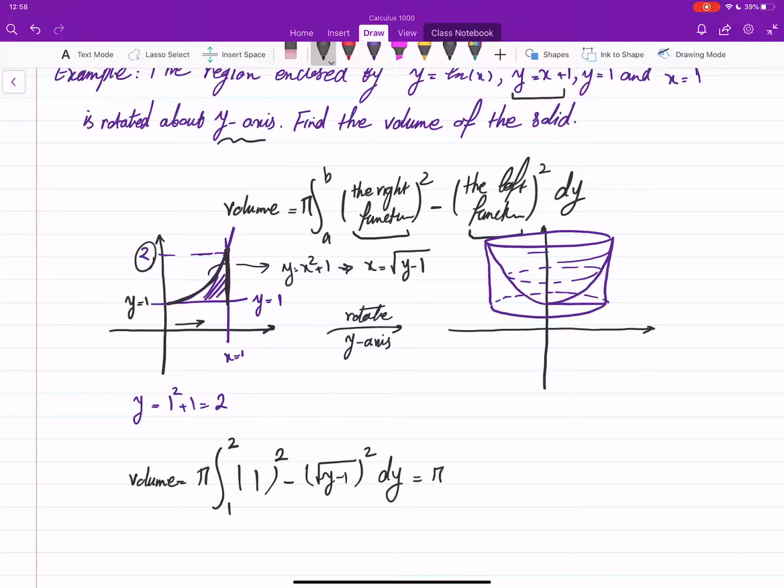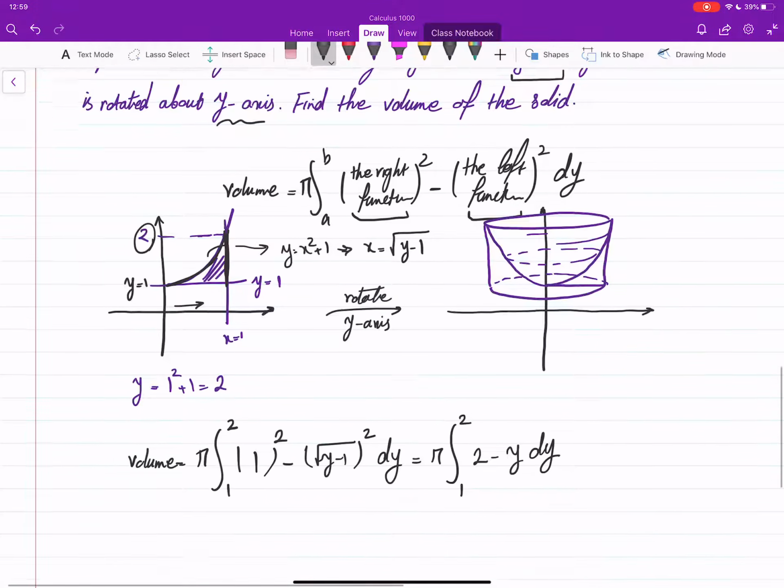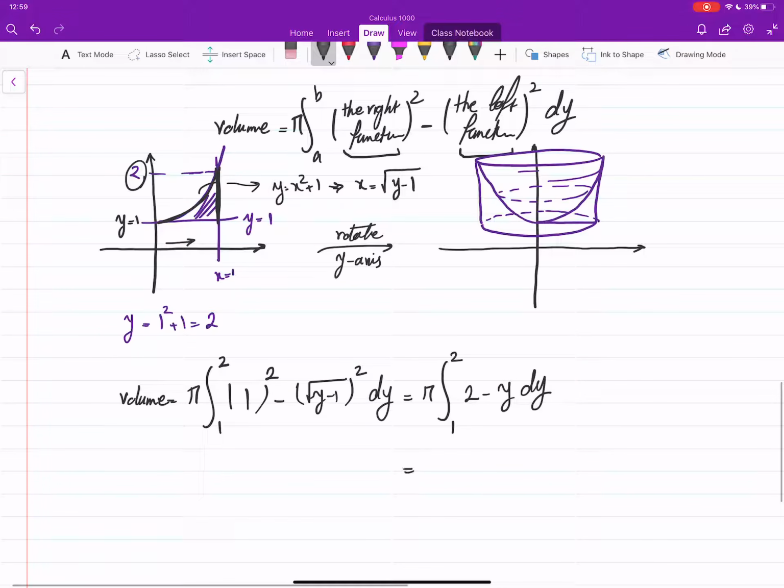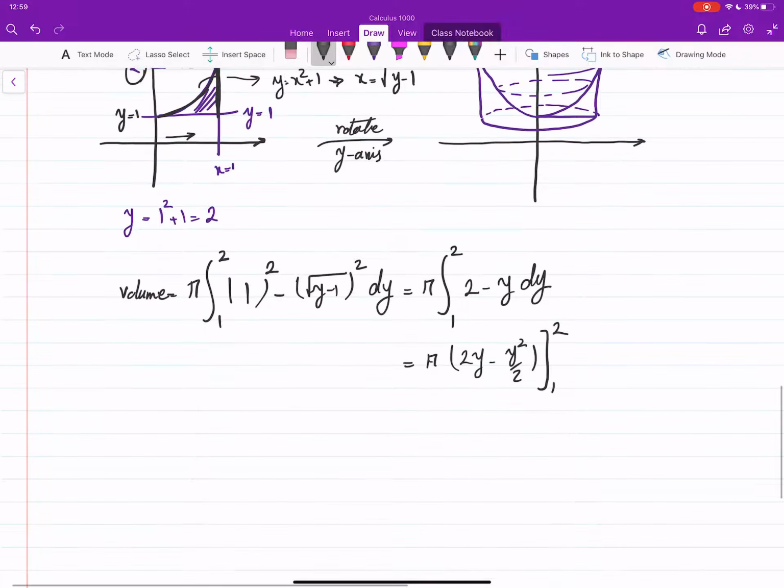This is pi, 1 to 2, 1 minus y plus 1. So it will be 2 minus y dy. And that is equal to pi times the antiderivative 2y minus y squared over 2. You go from 1 to 2.